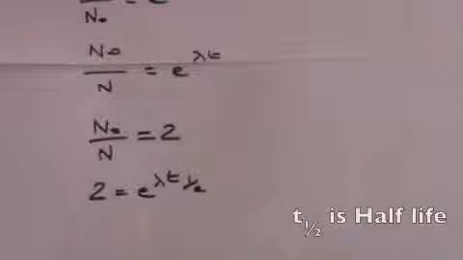At that point, N is half the value of N0. In other words, we've got half of what we had at the start. In those circumstances, 2 equals e to the lambda t-half. In other words, t-half is the time that it takes for the number of atoms to go down by 1/2.